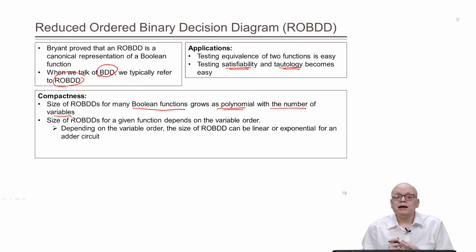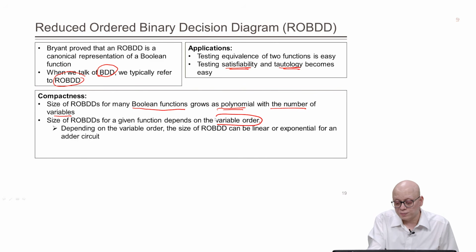However, note that the size of an ROBDD depends on the variable order, meaning that if we choose the right variable order, then probably it will give a very compact representation. If we choose a wrong or non-optimal variable order, then the size of the ROBDD can grow exponentially.